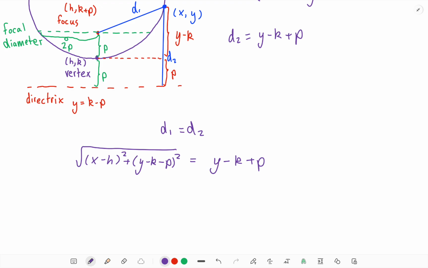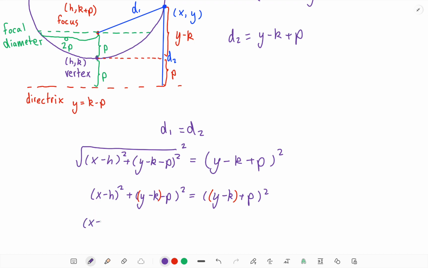And this technically is the equation of the parabola, but we can rewrite it a little bit so it actually looks a lot neater. First, we're going to square both sides. Now, since this is square root squared, it just cancels out. No absolute values. Then I'm going to group the y minus k together like this.